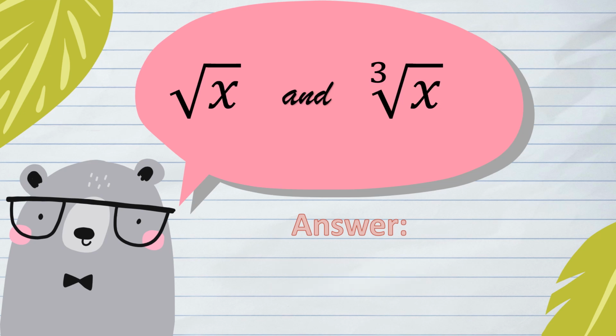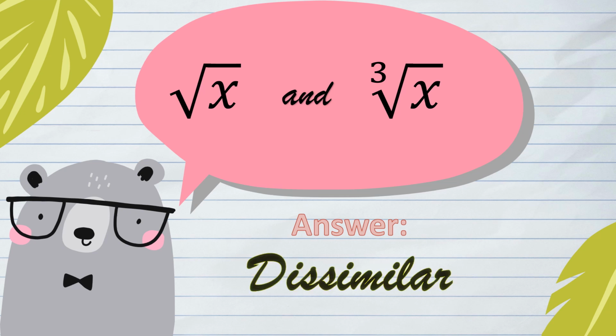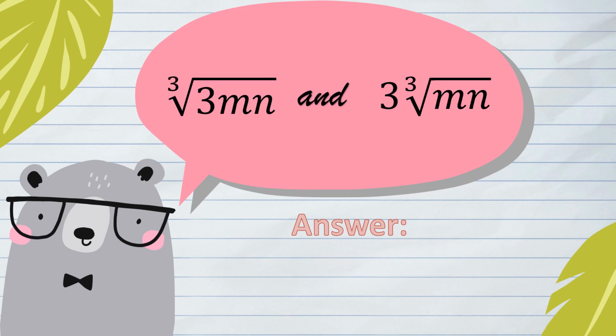Now, moving on. In this scenario, the index of one radical is 2, while the index of the other radical is 3. So from here, we can say that they are dissimilar radicals. Next, for our second example, we have cube root of 3mn and 3 cube root of mn.